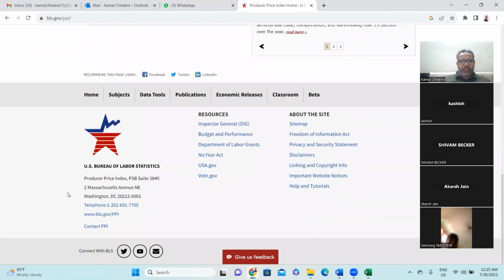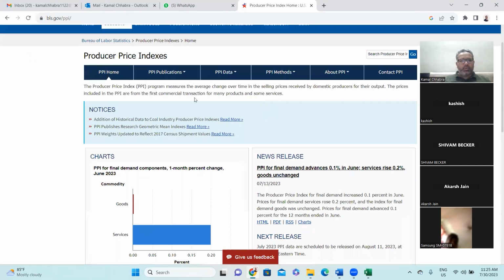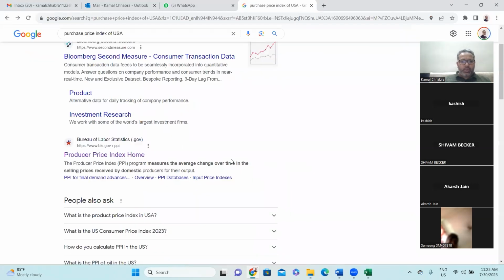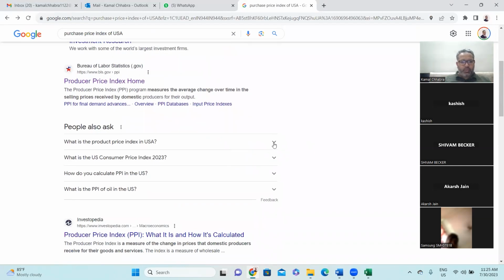There are many statistical sources which provide purchase price index. So you can Google it out. That will help you get the overall price index.